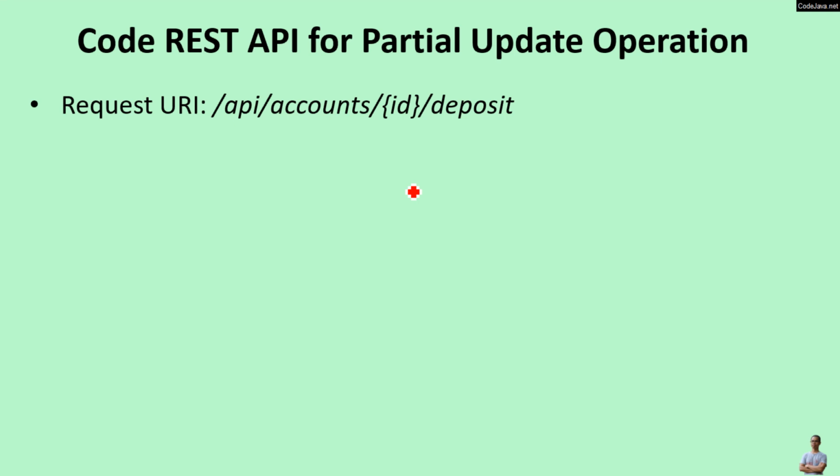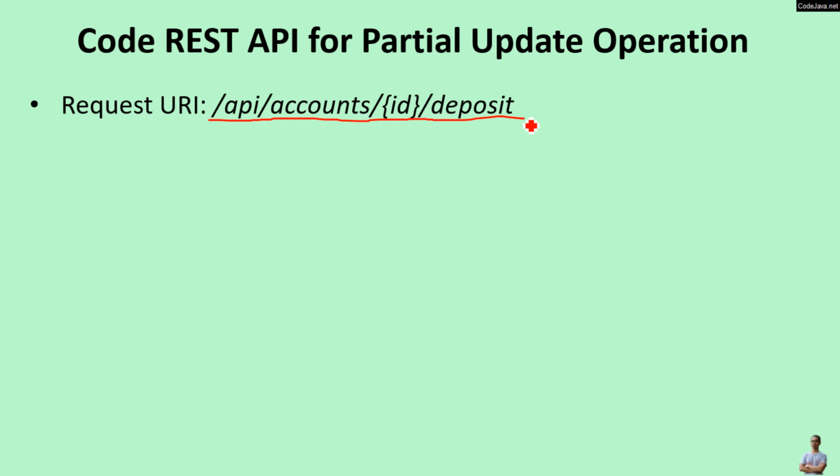Next, let's code the REST API for partial update operation. The request URI is /api/accounts followed by the ID of an existing account and /deposit.